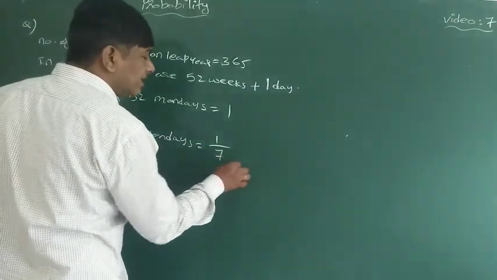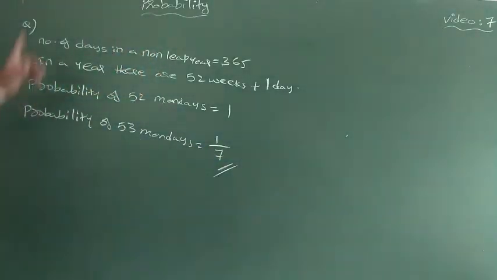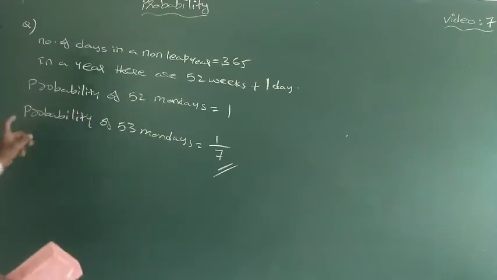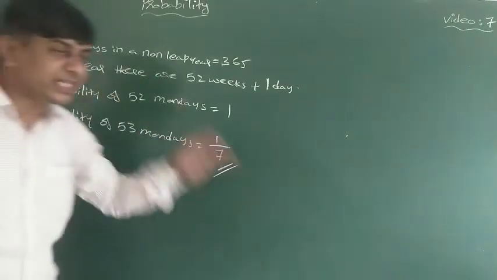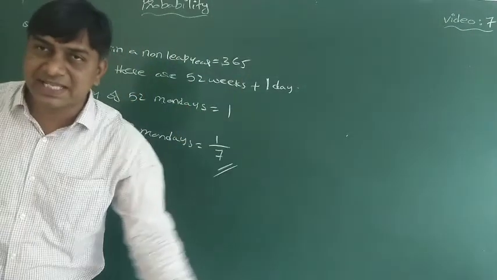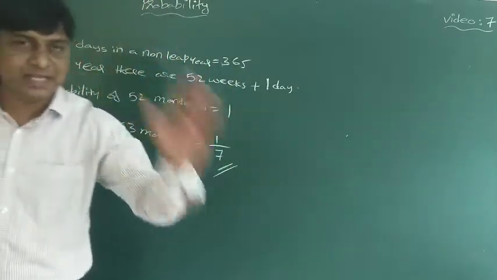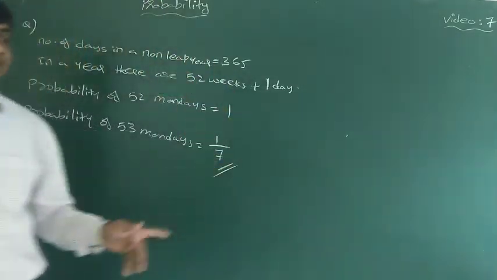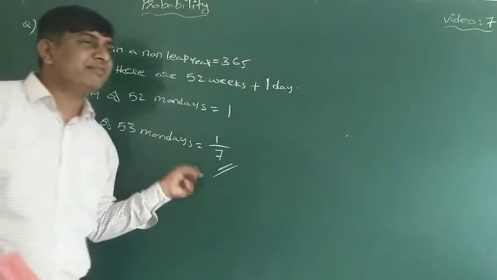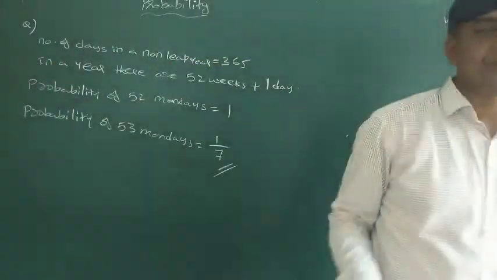So 1 by 7. In a non-leap year, if they ask the probability of 53 Mondays, 53 Sundays, 53 Tuesdays, 53 Saturdays, 53 Thursdays, like that, 1 by 7 will be your answer.